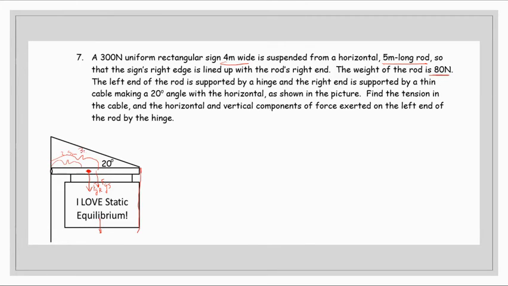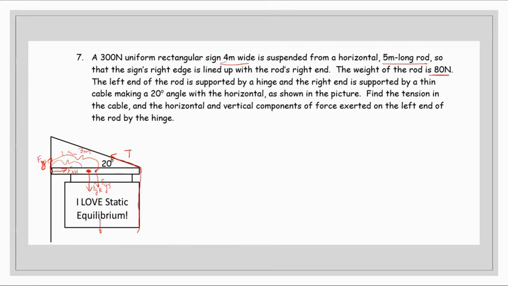Because we see this lines up here, we know this distance is going to be 3 meters, so it's 3 meters for the force of gravity of the sign specifically. Then we also have our tension force, our force Y of our hinge, and our force X of our hinge. Those are the different forces we're going to have.